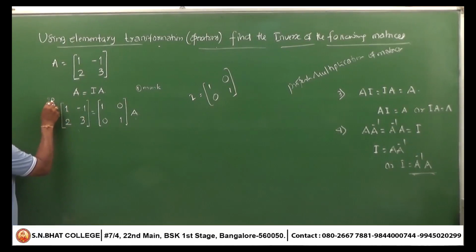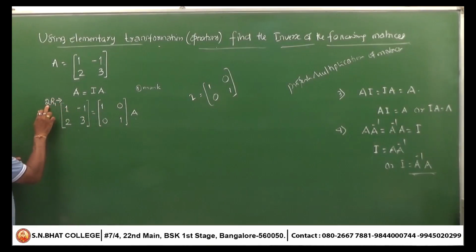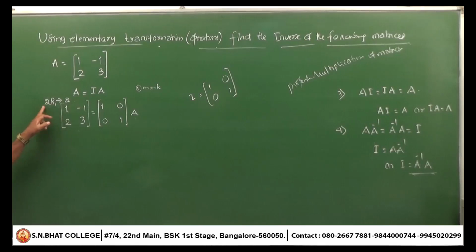Therefore, calculate 2R1 in the previous step. 2R1 means multiply R1 by 2. 2 into 1 is 2. After subtracting, this becomes 0.